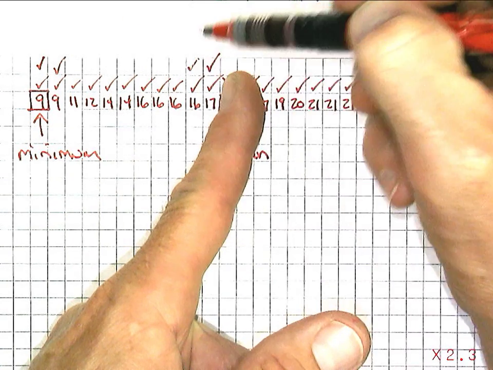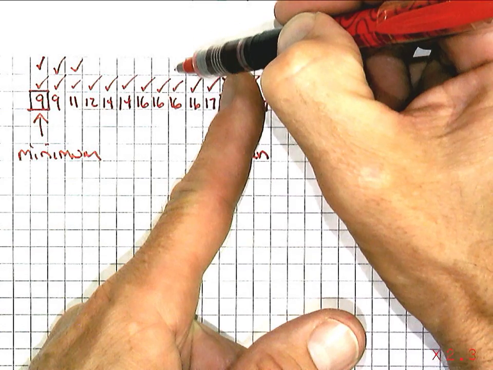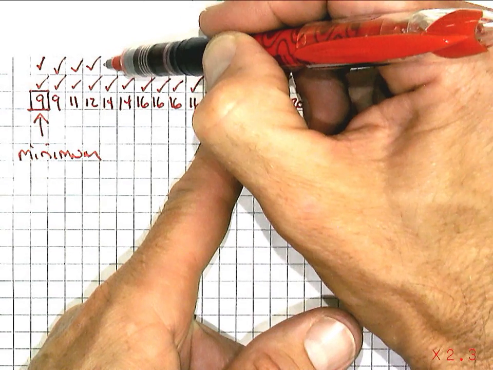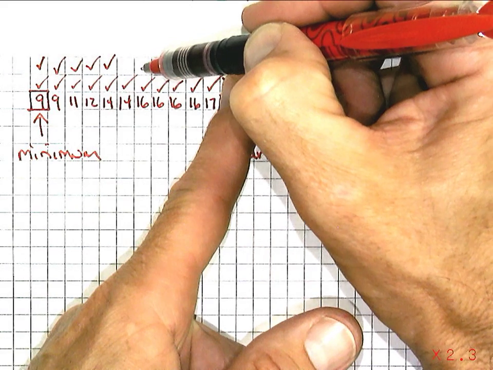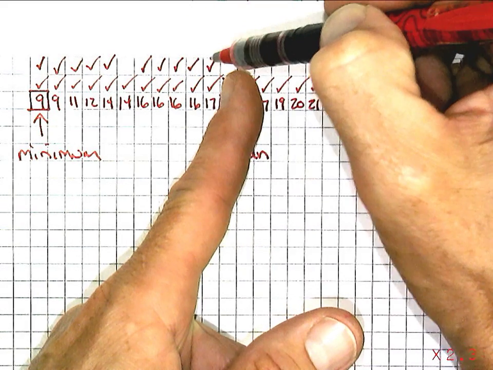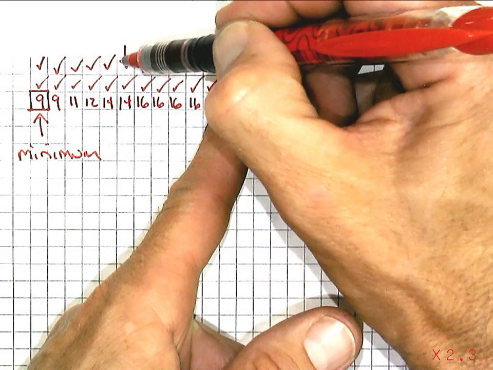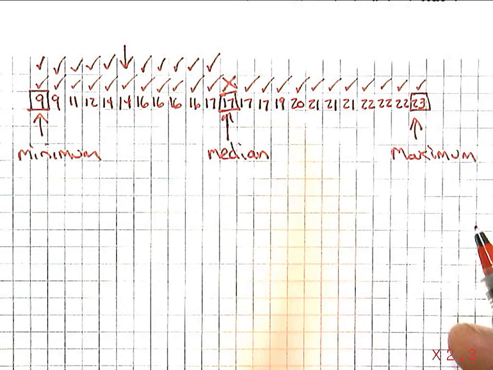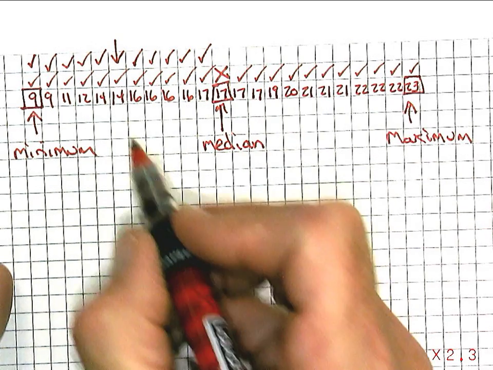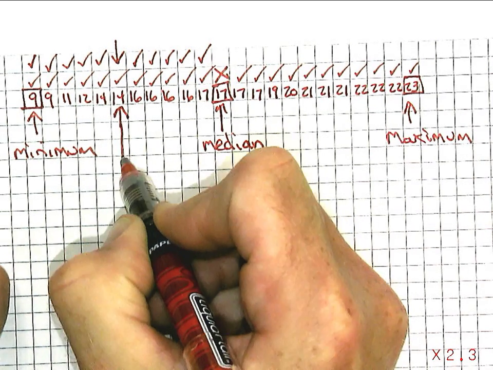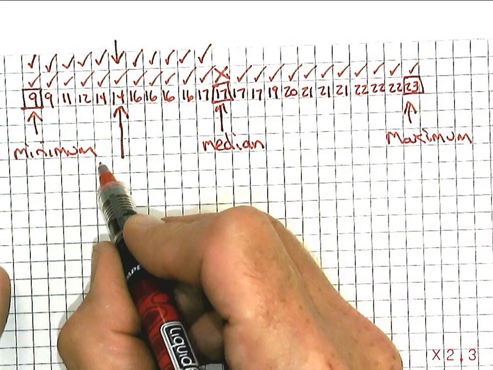Now I have 2 on each side, 3 on each side, 4 on each side, 5 on each side. And so what happens here with 5 on each side, I actually have a space there. And so that makes 14. This becomes the lower quartile.